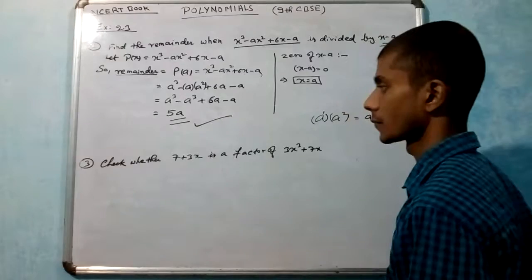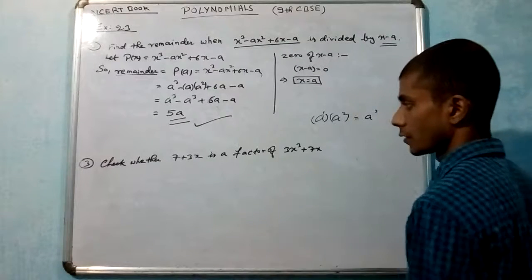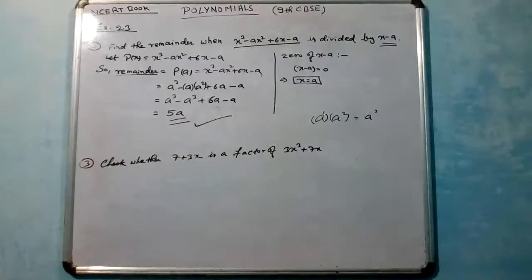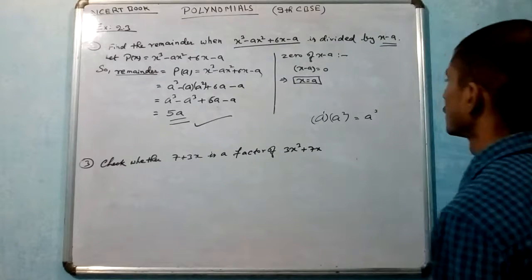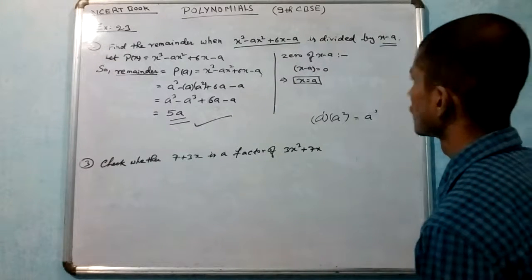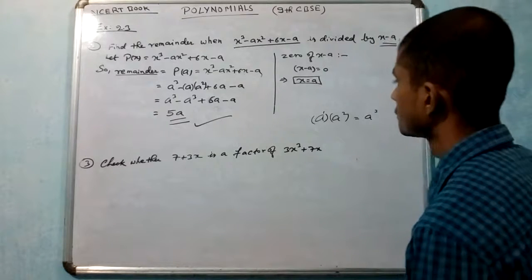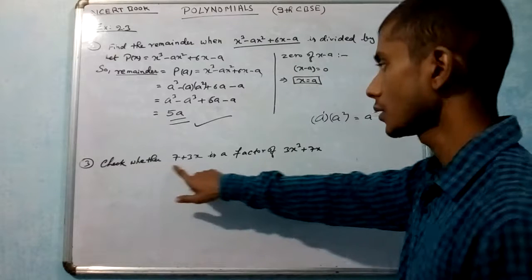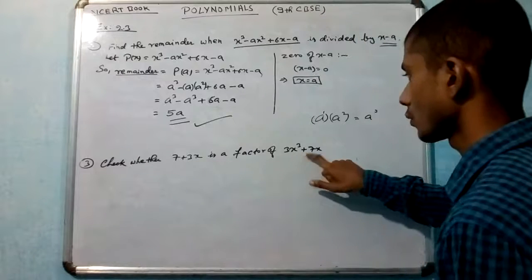Now let us see here. Check whether 7 plus 3x is a factor of this or not.